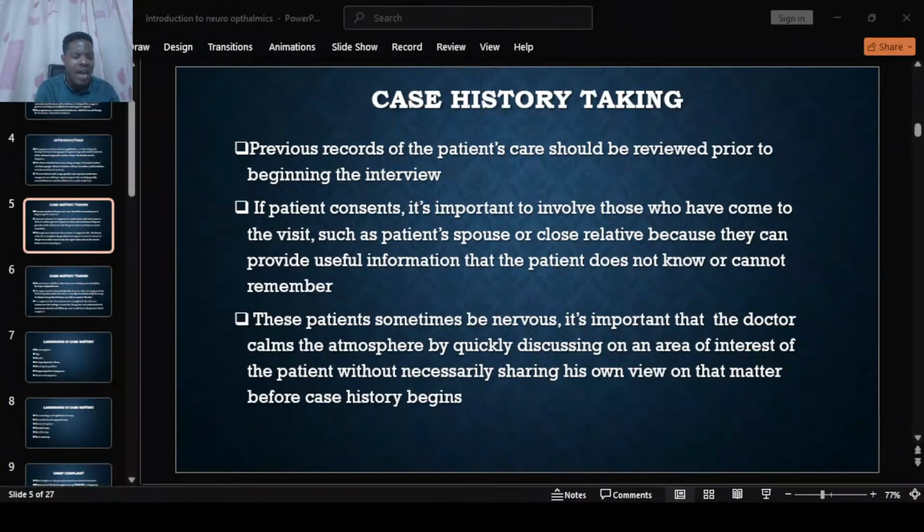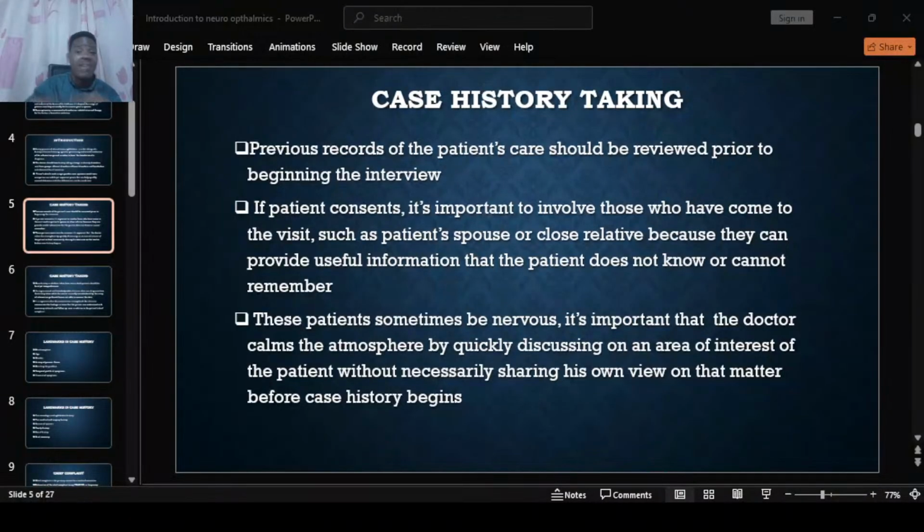These patients are sometimes nervous, and it's important that the doctor calms the atmosphere by quickly discussing an area of interest of the patient, without necessarily sharing his own view on that matter, before case history begins. In a neuro-ophthalmic clinic, you find that the patients are tensed up and frightened.